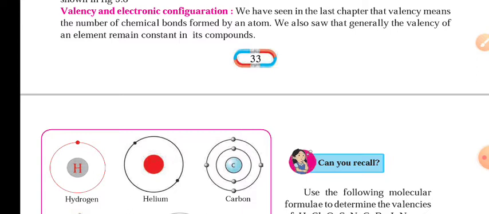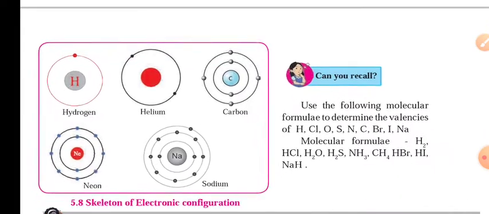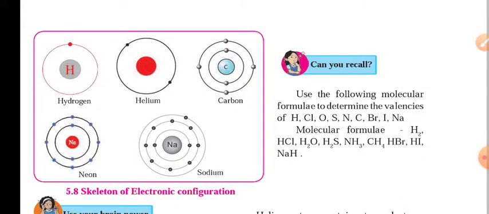When we talk about the various compounds, how many compounds are possible for a particular atom and what the molecular formula of that compound will be is all decided by the valency of that particular atom.